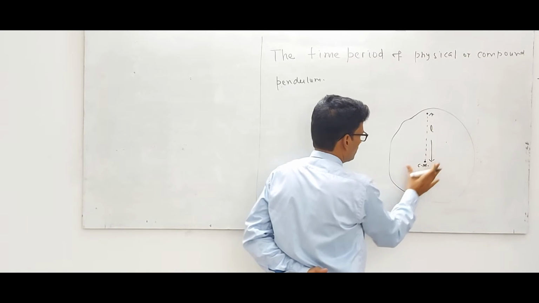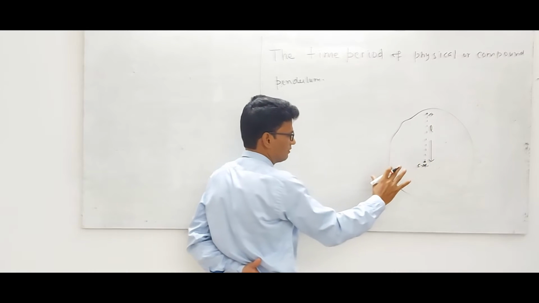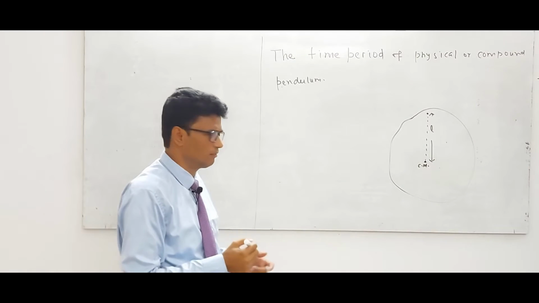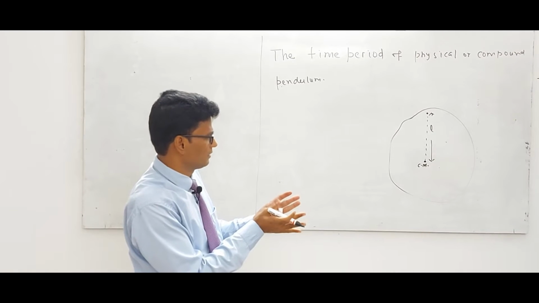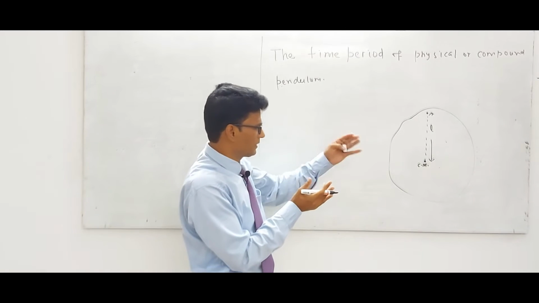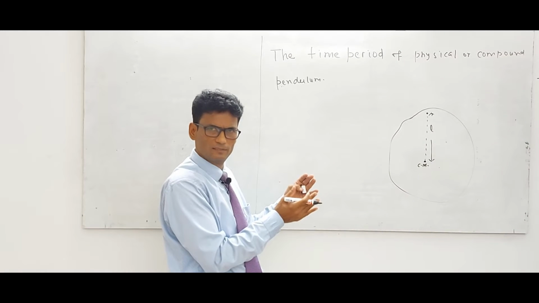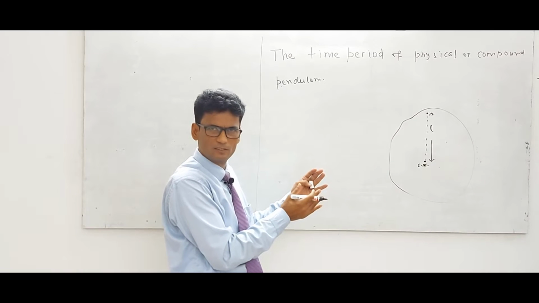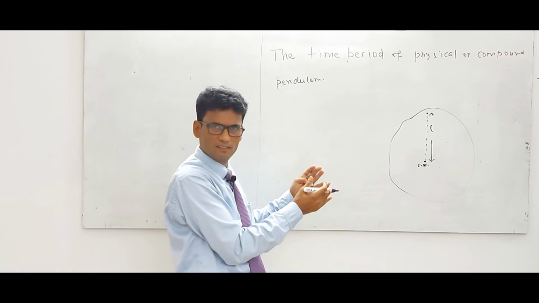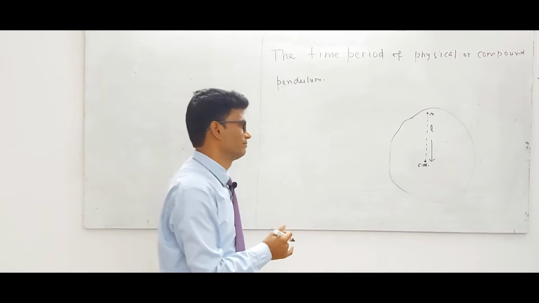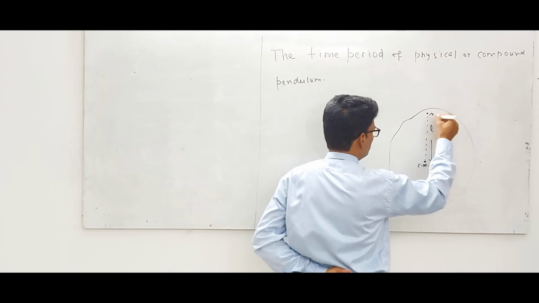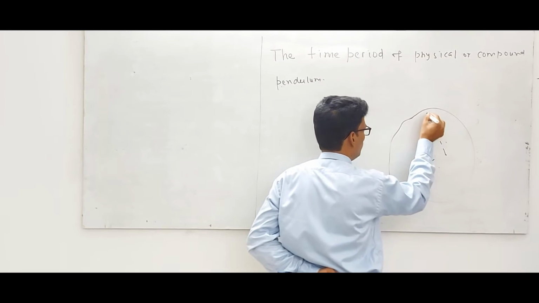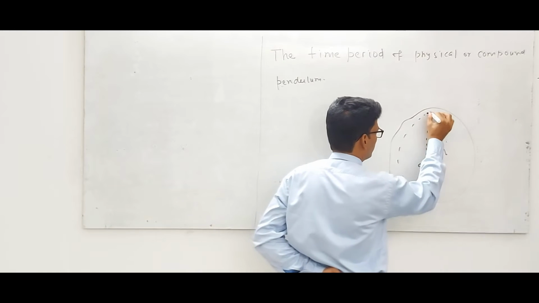So this body has been displaced, say by a small angle theta. However, we are going to depict here a large angle, to clarify the situation well. So the body just takes the shape like that.